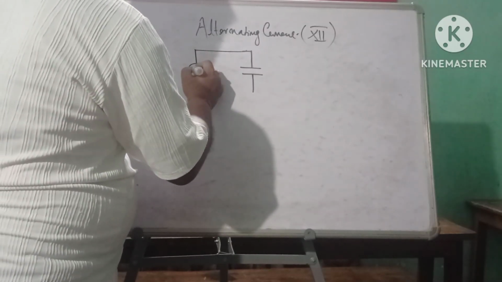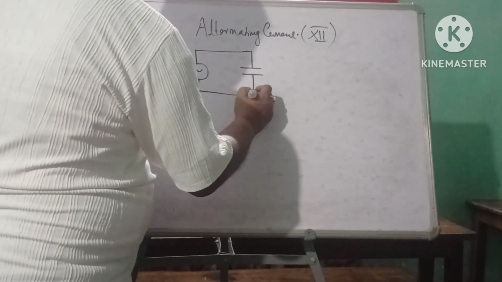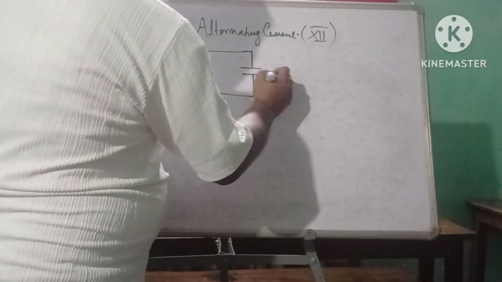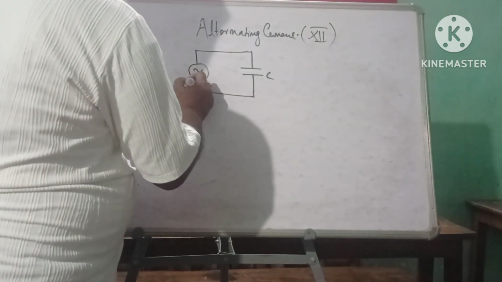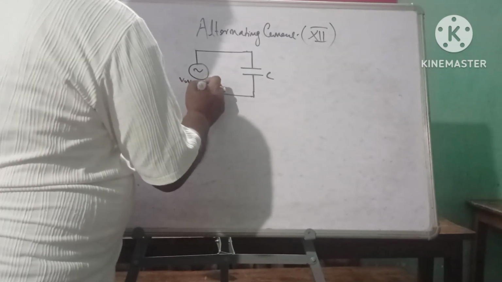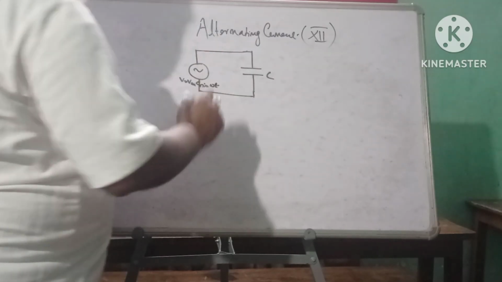Again, your V is equal to Vm sin omega t.